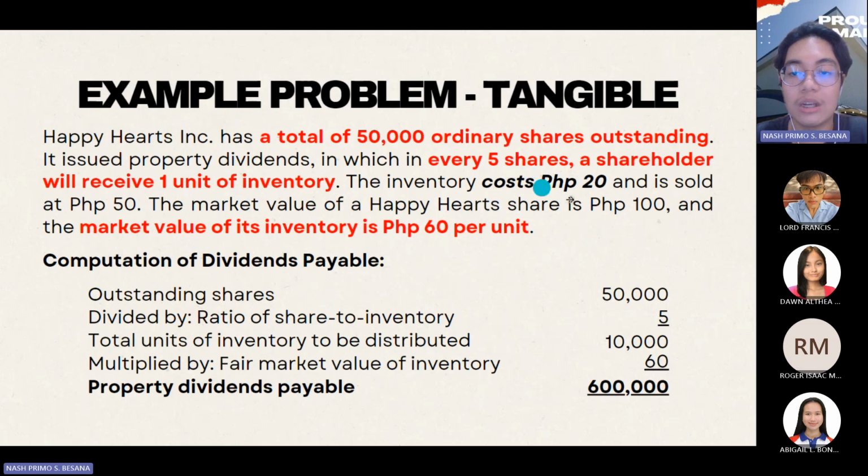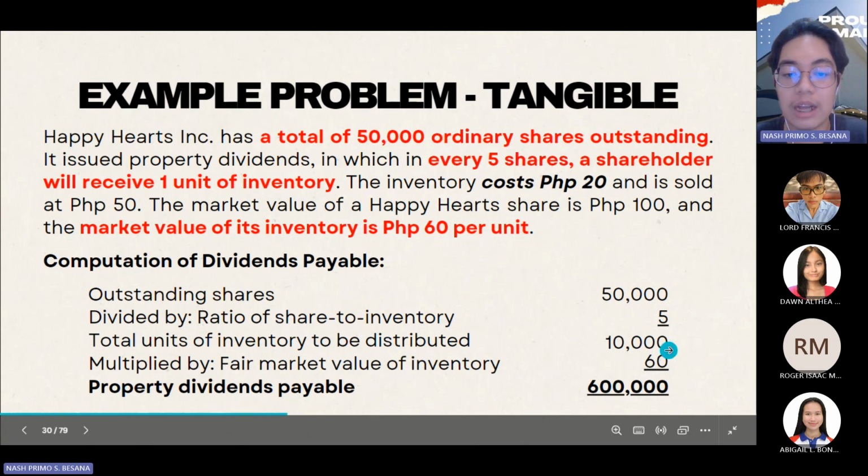So dito pa lang cross out na si cost kasi hindi siya fair value. Now, dalawa na lang yung fair value na natira. Fair value ng share, fair value ng inventory. Pero ano ba yung dinistribute? Inventory. So we would use yung 60 pesos. So 10,000 na inventory kanina times 60 pesos na fair value, the property dividends payable would be 600,000 pesos.